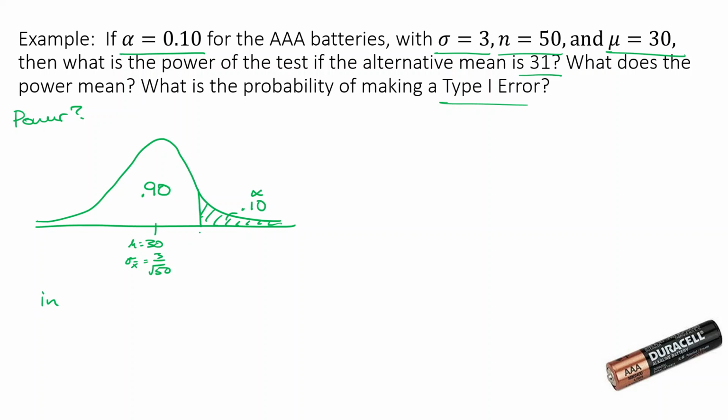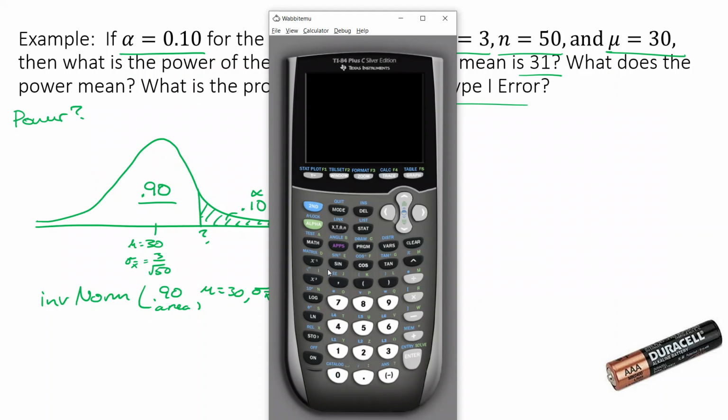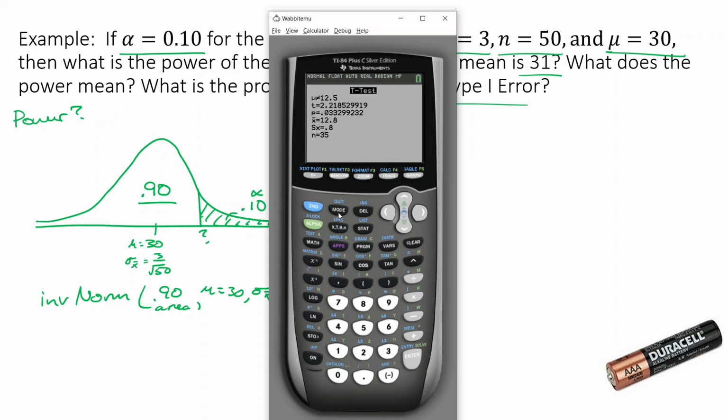So to find this value right here, we do inverse norm of this area, 0.90, with a mean of 30 and a standard deviation of 3 over the square root of 50. And that's going to give us that cutoff, which I think is going to be slightly different than the last one, because the last one we did it with 5%. So second distribution, inverse norm, area is 0.90.